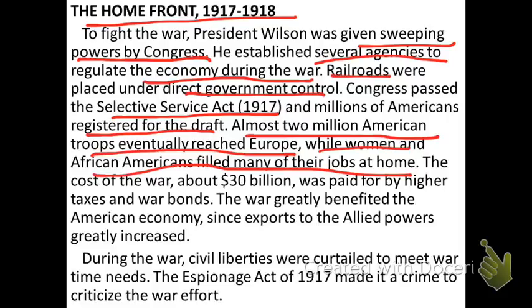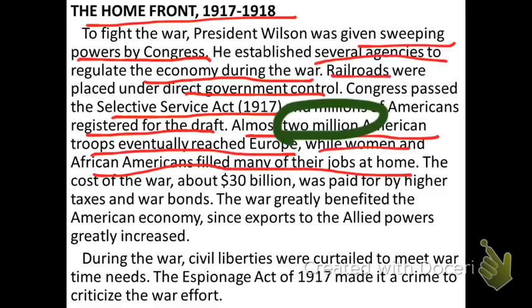So we had 1.5 million drafted, give or take a few thousand. We had about 500,000 who volunteered, so we're looking at about 2 million, probably a little bit more, in uniform, and their jobs back home had to be filled.